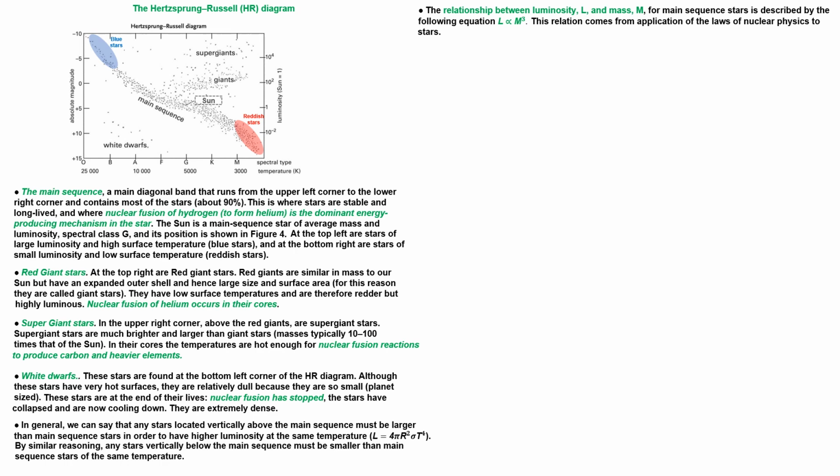Now we'll see with some examples how we can use the HR diagram to estimate some stellar quantities. From the HR diagram, we see that such a temperature corresponds to approximately the same luminosity as the Sun.